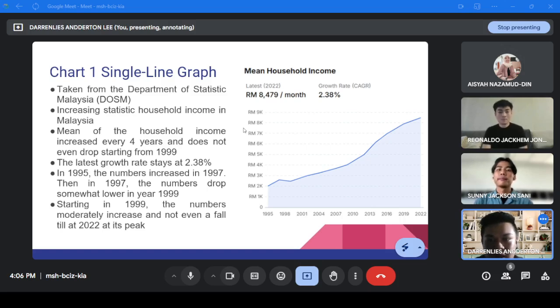The mean household income increases every 4 years and does not drop starting from 1999. The latest growth rate stays at 2.38% as of 2022. In 1995, the numbers increased until 1997. Then in 1997, the numbers dropped somewhat lower in 1999. Then starting in 1999, the numbers moderately increased with no fall, and in 2022 are still at their peak.